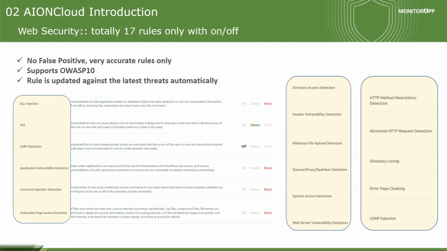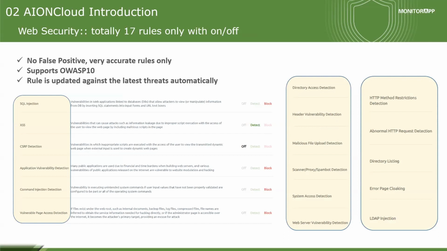Here is a screenshot of the web application firewall. As you can see, we provide only 17 rules in total. For other service providers, the number of rules is several hundred or thousand, so in that case it's almost impossible to tune the rules. But for us, we optimized the rules to remove false positives, so we are sure that our rules are very accurate.